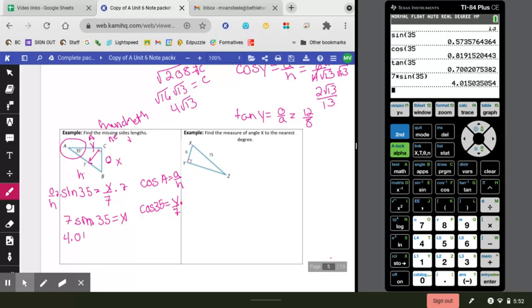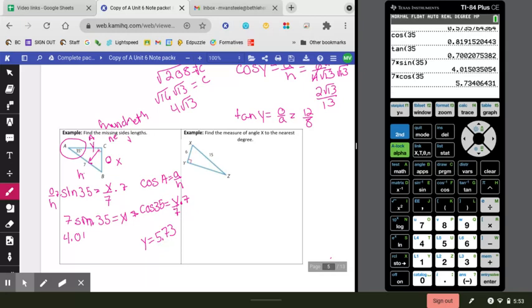Again, I'm going to multiply both sides by 7. And so Y equals 7 times cosine of 35, and it's 5.73. And that's how you find a missing side.